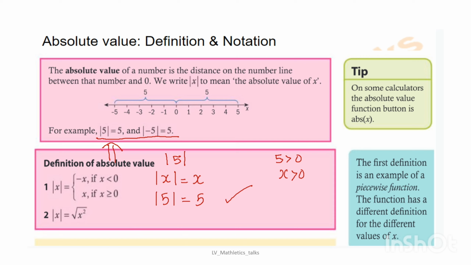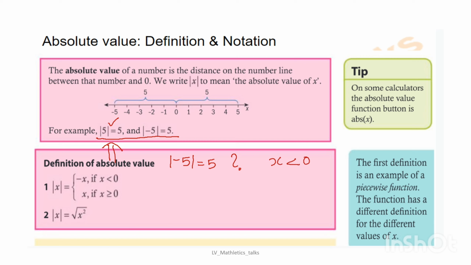Now let's see the case when x is negative. So we evaluated the first part. Let's see the second part, which is absolute value of minus 5 is equal to 5. How did we actually get this? Here x is less than 0. When x is less than 0, what is the definition? Absolute value of x is equal to minus x, right?